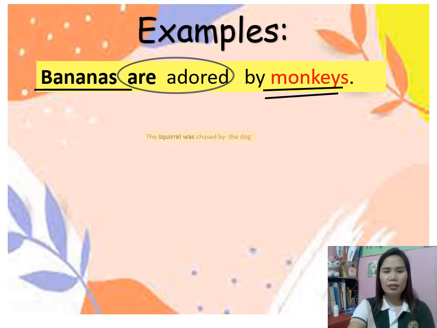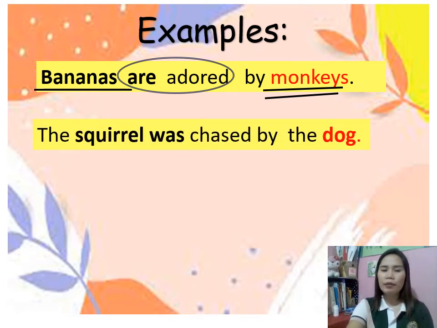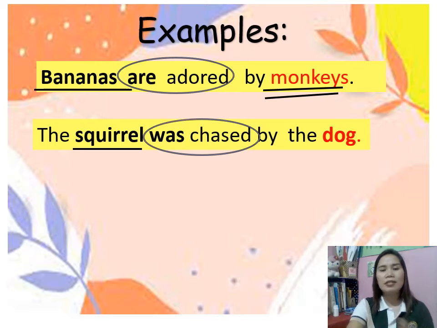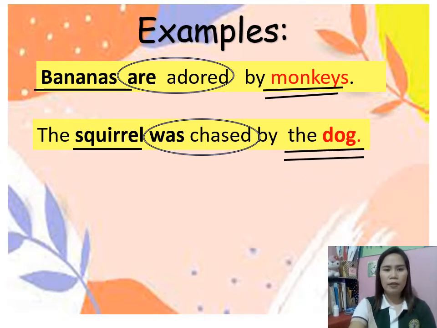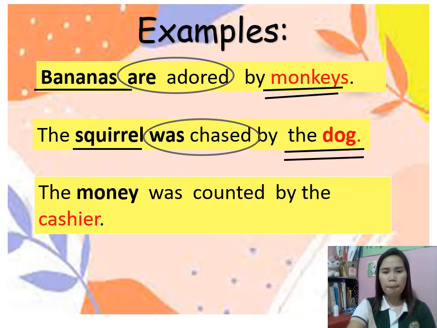Okay, next. The squirrel was chased by the dog. So our subject is squirrel, but it is not the one chasing the dog. It's the other way around. It's the dog who chased the squirrel. All right. So our verb is was chased. And the doer or the one performing the action is the dog, not the squirrel. Okay. So sentence number 3. The money was counted by the cashier.